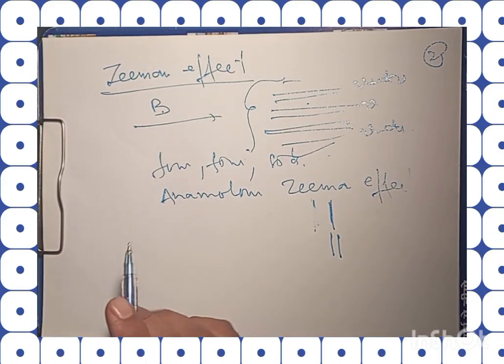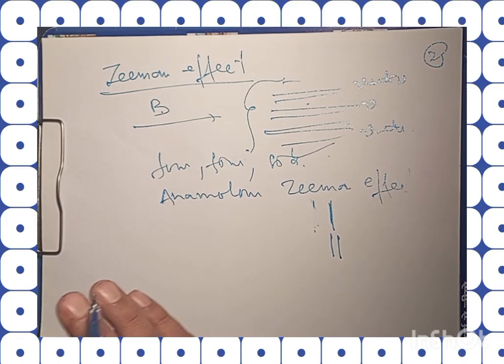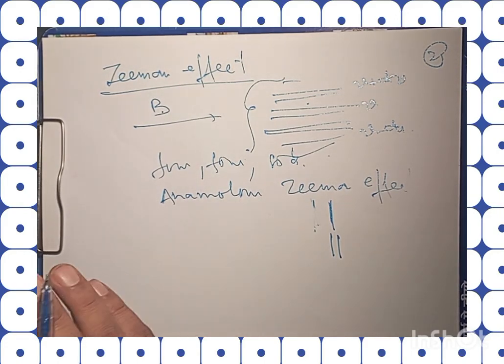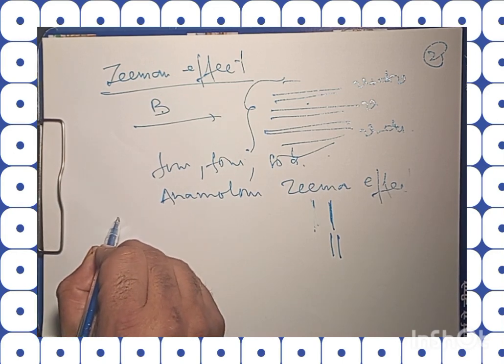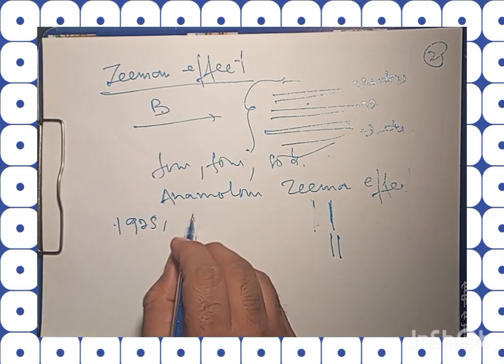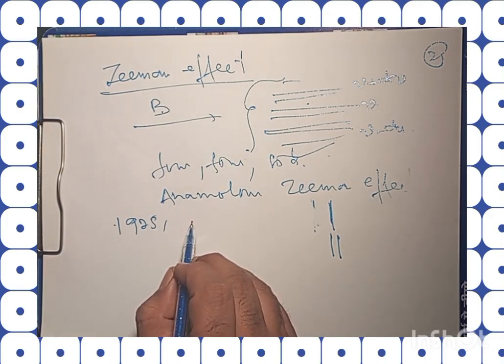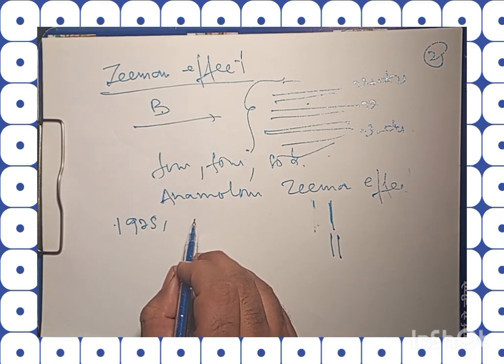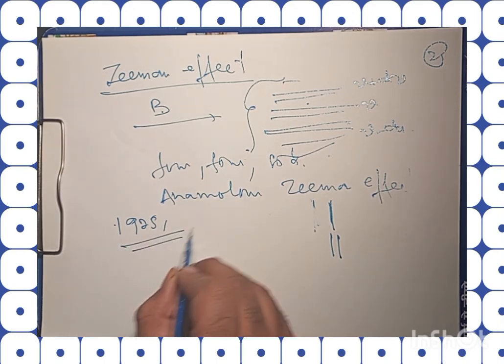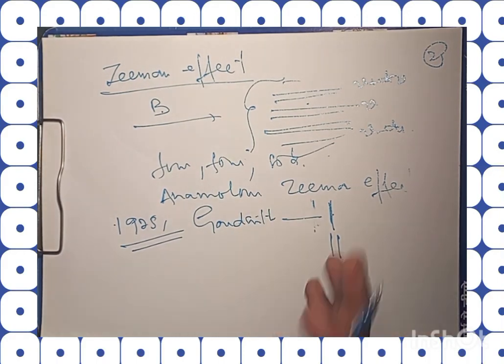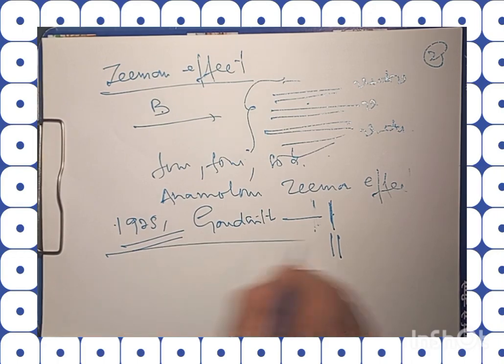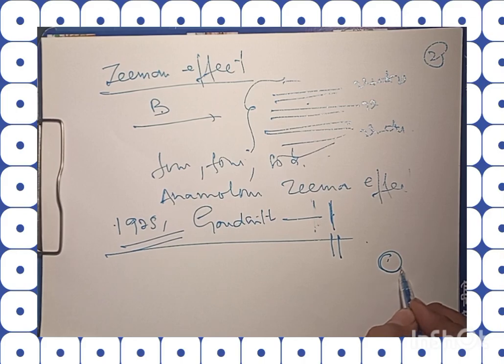And what was proposed by two great scientists of that time, probably in the year 1925, Goudsmit and Uhlenbeck, was that every electron, suppose this is an electron, I'm drawing it for the sake of argument, has an intrinsic angular momentum.